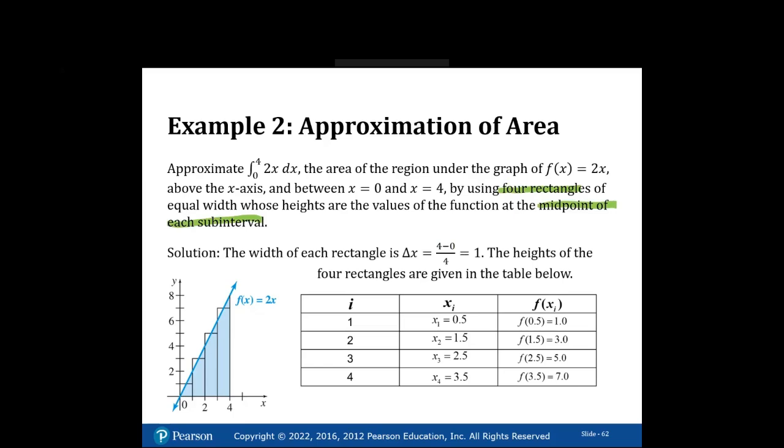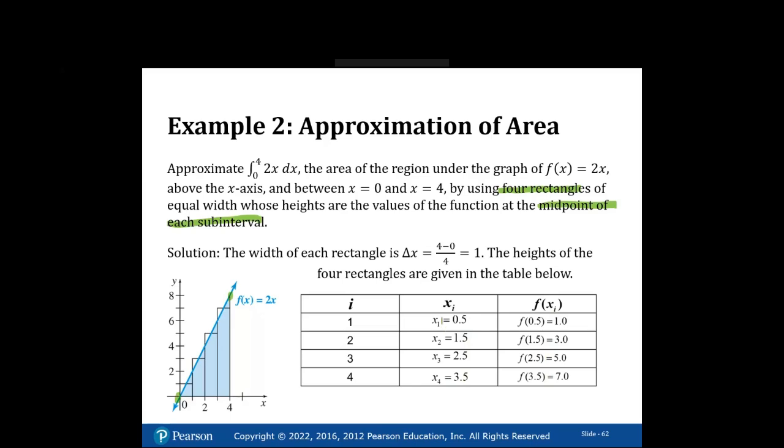And then we can make a chart here. This tells us which xi's I need, because I'm doing the midpoint. And then what is the value of that when I plug it in? So if I'm starting here at 0 and I'm going to 4 and I want the midpoint, then the midpoint between 0 and 1 is a half.